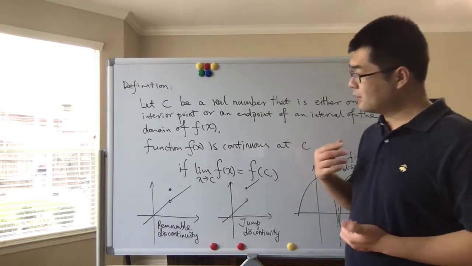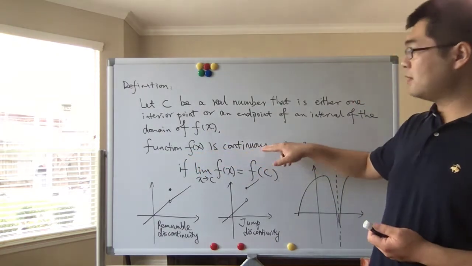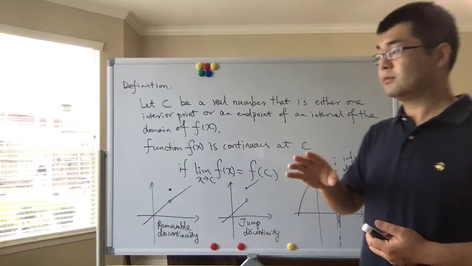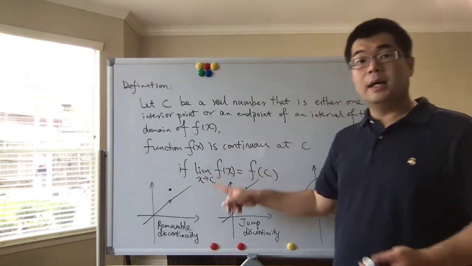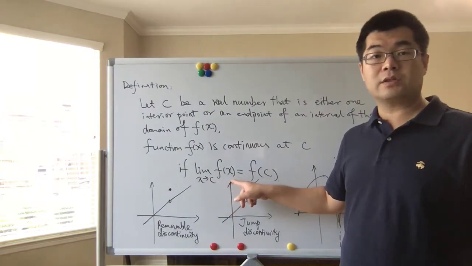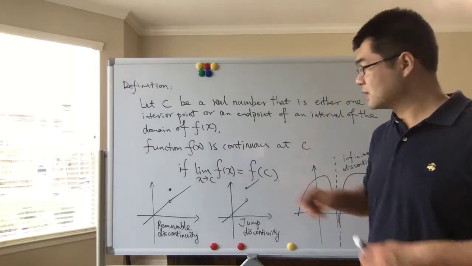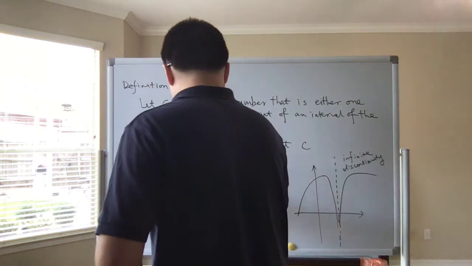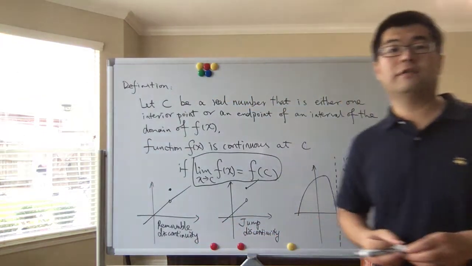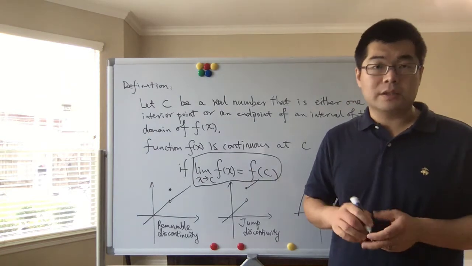And then here's the conclusion. The function f(x) is said to be continuous at c if, here's the key part, the limit as x approaches c of f(x) equals f(c). This is the key thing in the definition of continuity. What can we tell from this condition?